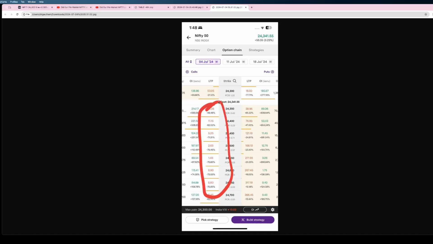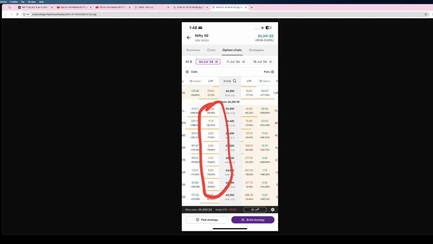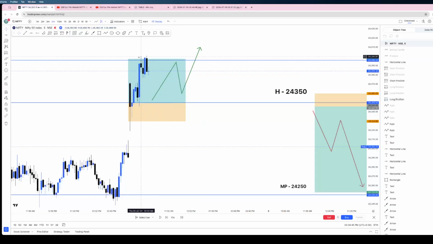This is a screenshot of yesterday's market, and this is a screenshot of today's market. You can see a difference in the percentage. You should look at the percentage at the time when the market reaches this level. This timing is just when I took the screenshot, not exactly when it reached here.